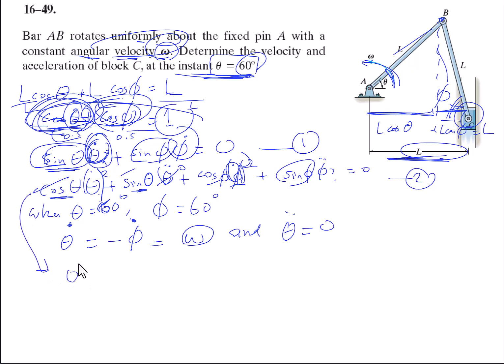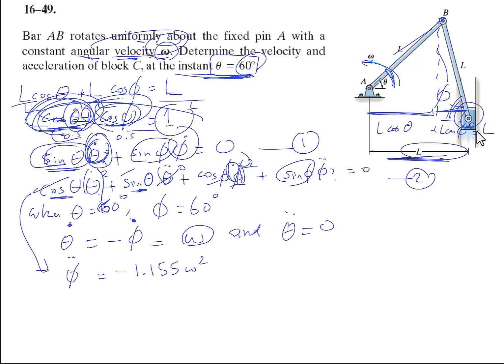that phi double dot is equal to, in terms of omega, theta dot. So this is all reduced to numbers. This is 1.155 omega squared.